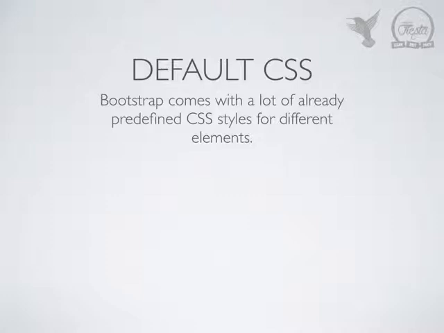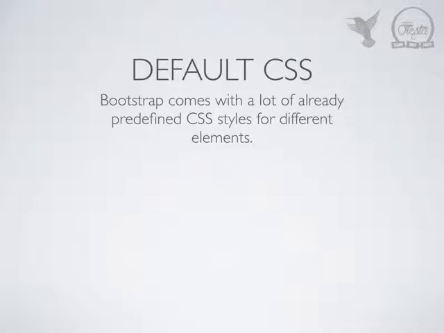All right, and Bootstrap comes with a lot of stuff. It's fully packed. There are a lot of things defined by default. And it even can be extended. There are a lot of third-party plugins that were created for Bootstrap to add different functionality, different components.